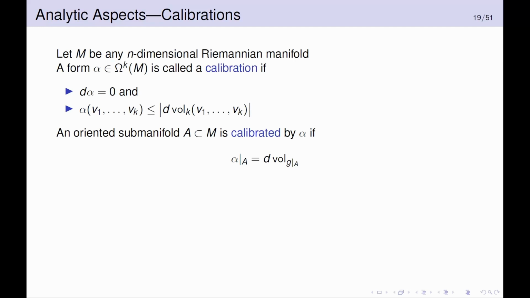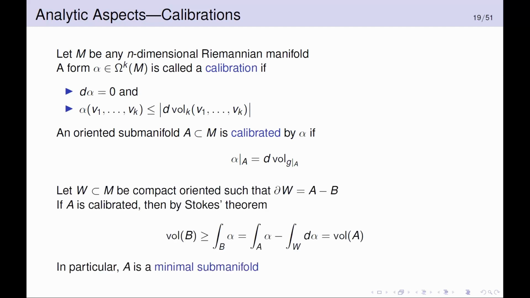Now, why is this interesting? Because assume you have a second manifold B, and you have a little cobordism W between A and B inside M. Then if A is calibrated, you can use Stokes' theorem, and you can start with the volume of B. Because of the inequality up there, the volume of B is larger or equal than the integral of alpha, because pointwise alpha is smaller or equal than the volume element.